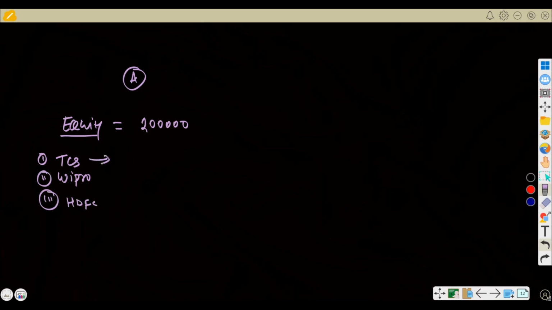Let's say the pattern was 50,000 in TCS, 30,000 in Wipro, and 20,000 in HDFC. So in short, all three securities represent the equity portfolio A, right?